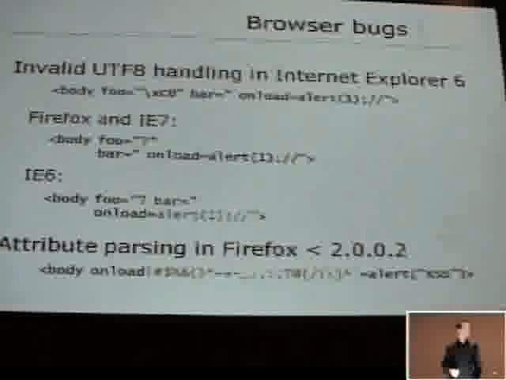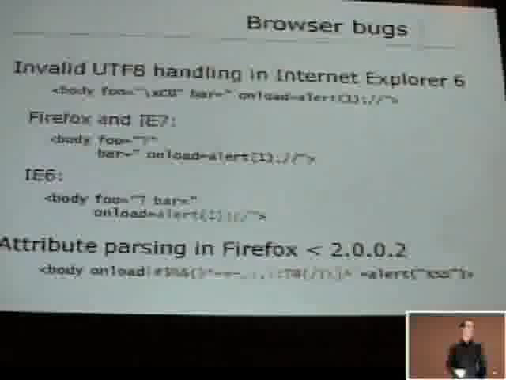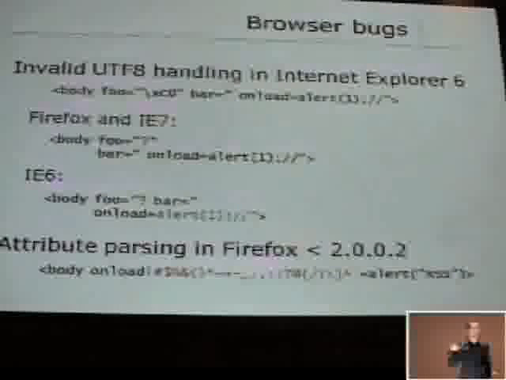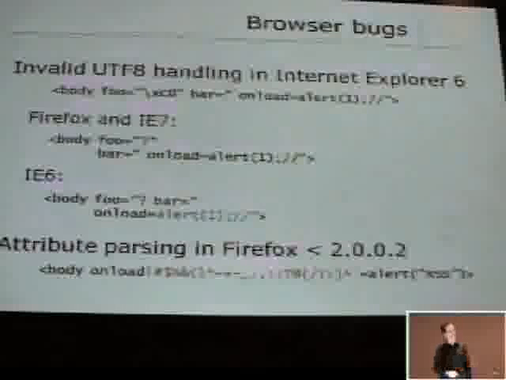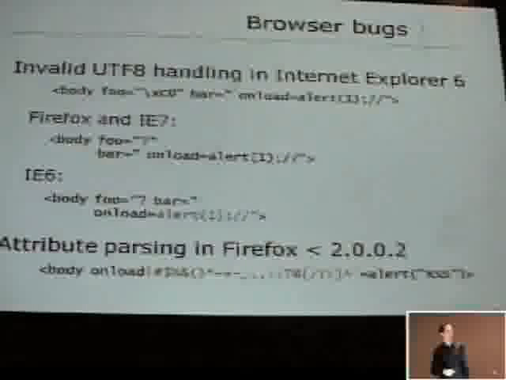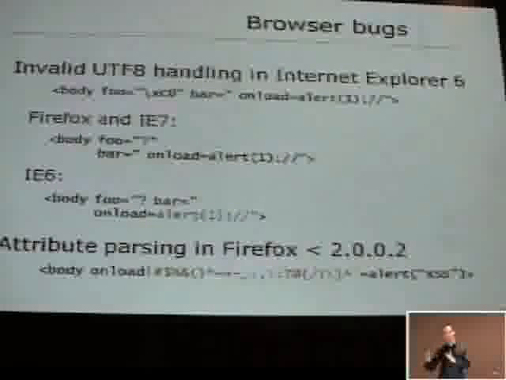There's another interesting case in Firefox versions before 2.0.0.2. The parser had a bug where it treated a number of weird characters as white space when parsing attributes. So if you have this HTML and you have an onload attribute followed by all these characters, Firefox will see this as an onload attribute followed by a bunch of white space and then an equal sign and then the JavaScript code.